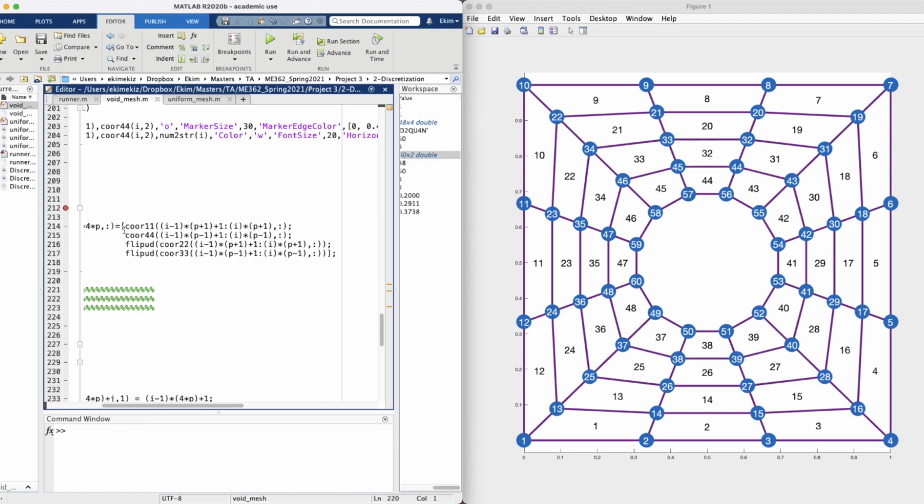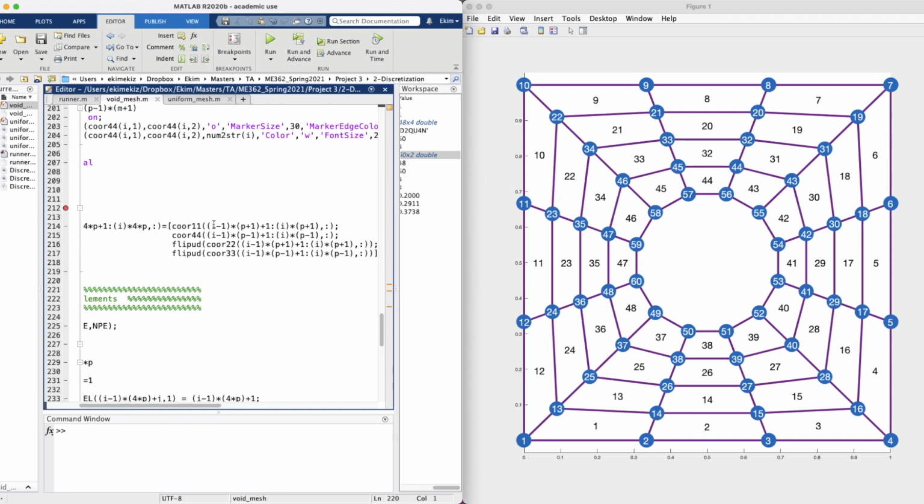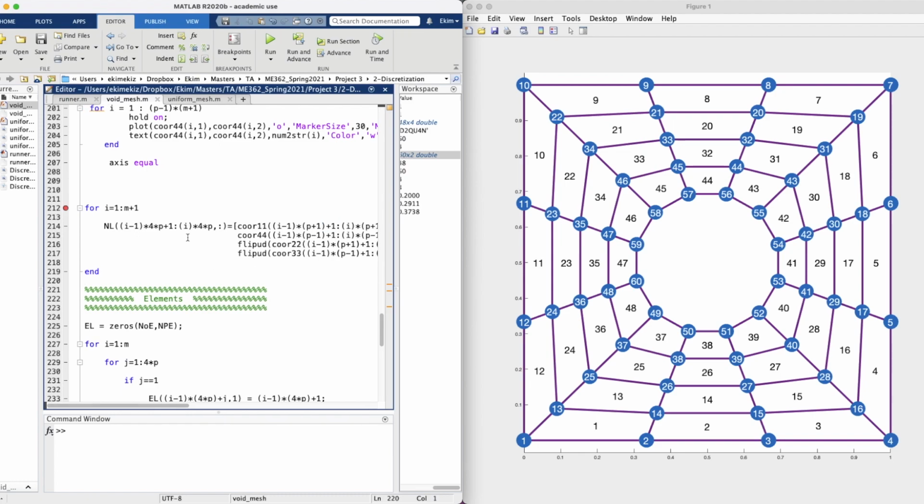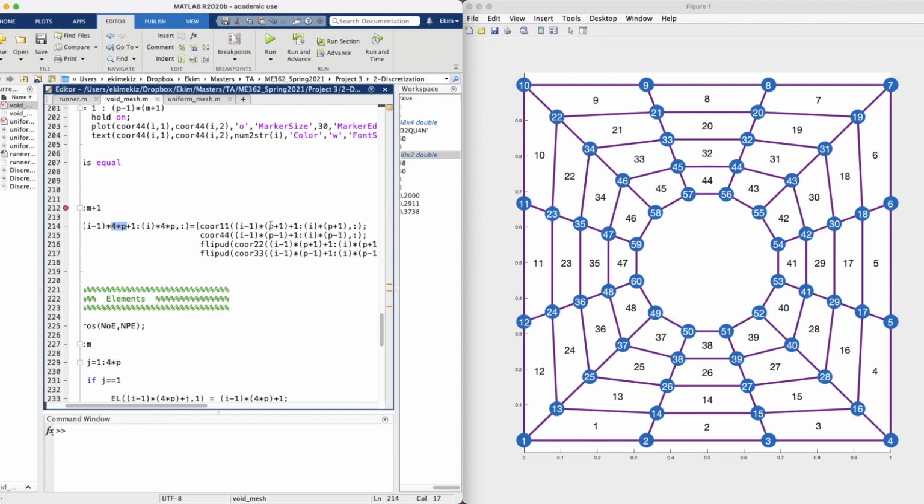So let's check the index now. Again, we have I minus 1 times p plus 1 here. Why? Because this 4p is now p plus 1 for us. Okay, because we have p plus 1 nodes in region 1, remember? We have the diagonals. So p plus 1 times I minus 1, if I is 1, this thing is 1.